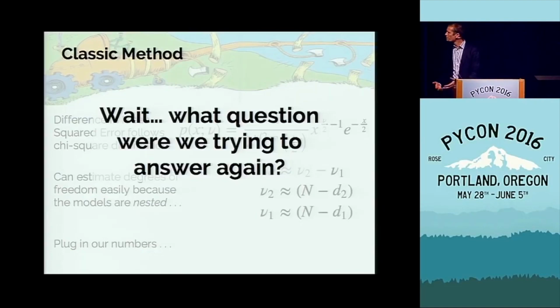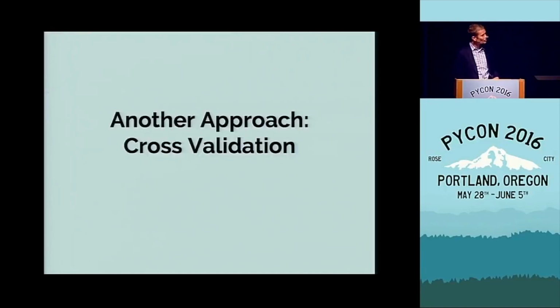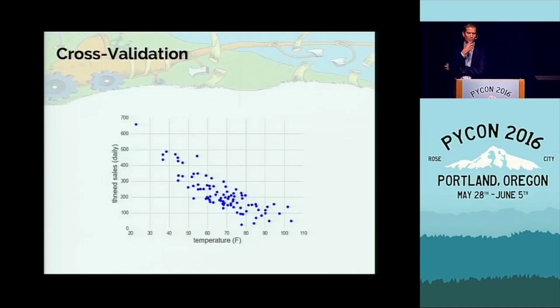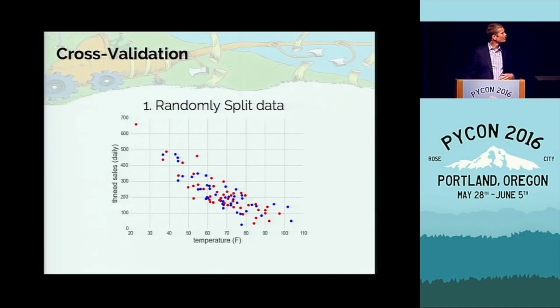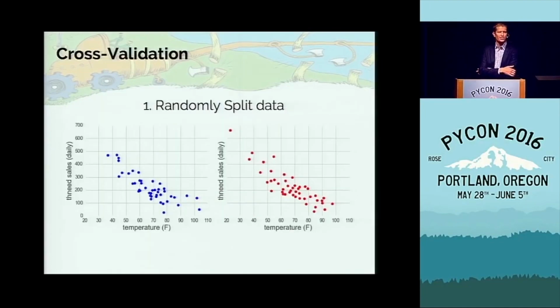You're thinking, what question were we trying to answer? And one way that I find that I can keep my eye on that question a little more is by doing this cross-validation approach. So what we do in cross-validation is we take the data set and we essentially split it randomly and separate those two parts.